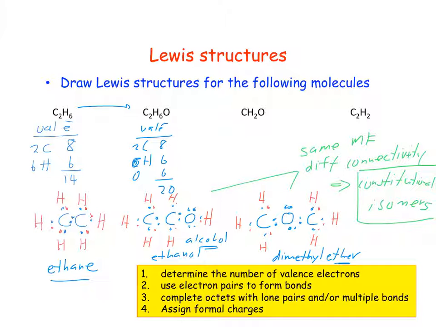All right, so I'm going to make a new slide here, and we're going to look at these 2 other examples. All right, so the next one was CH2O. All right, so let's count up the valence electrons. We have our carbon, we have 4. We have 2 hydrogens, gives us 2, and we have an oxygen, gives us 6.